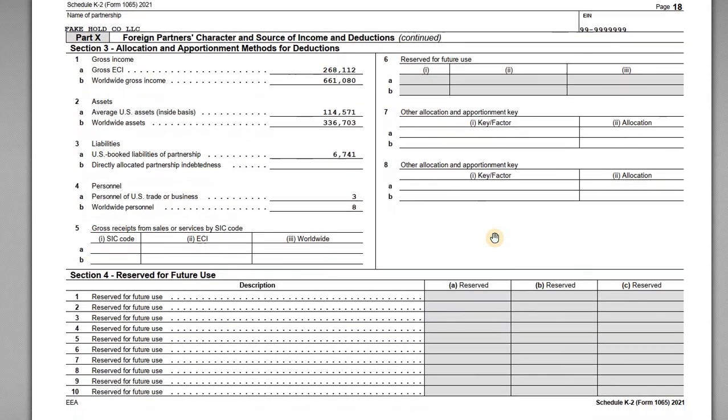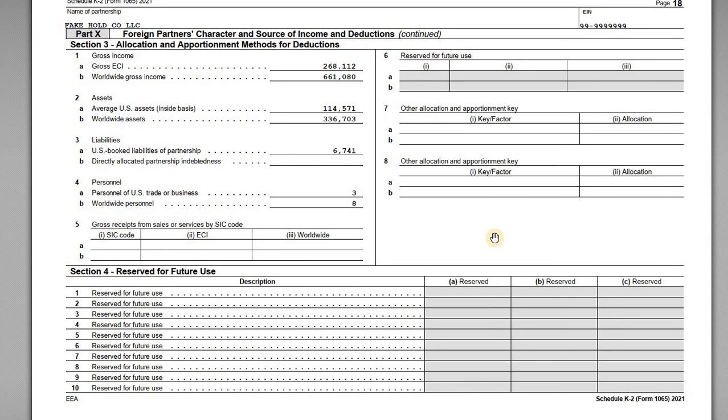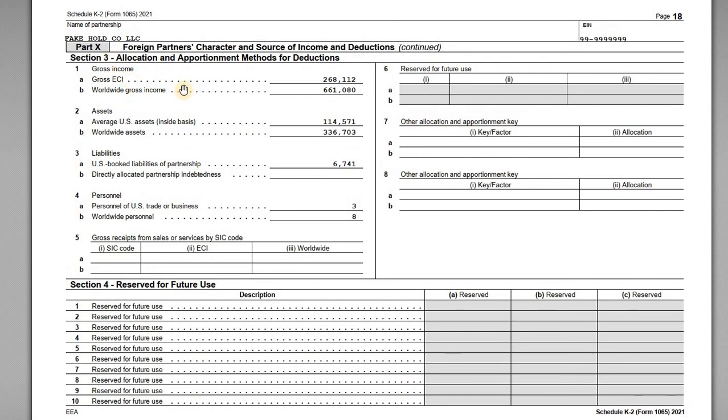Okay. Now the last section of Part 10 has to do with the gross amounts of ECI versus worldwide gross income. And so this is particularly important for foreign corporations, right? Foreign corporations have certain interest expense limitations. And so if you're doing a Form 1120-F, it's important to know not only what your allocation of ECI is versus the total running through the entity, but also what are your U.S. situs assets and liabilities.